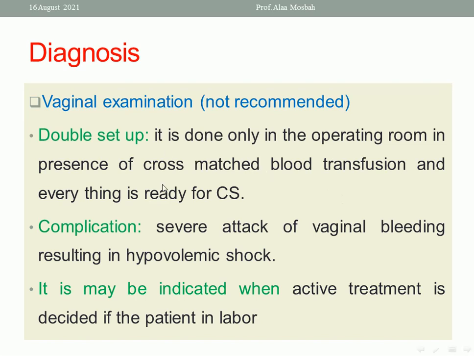So you examine her in the operative theater with fresh blood available for transfusion if needed, and all logistics needed for cesarean section available right now, because during vaginal examination severe bleeding may occur and you should do an emergency cesarean section at the same moment. So it is not done except in certain situations, but vaginal examination is generally contraindicated in placenta previa.